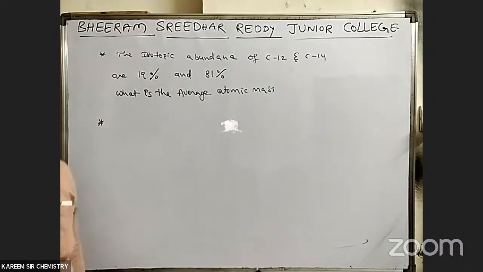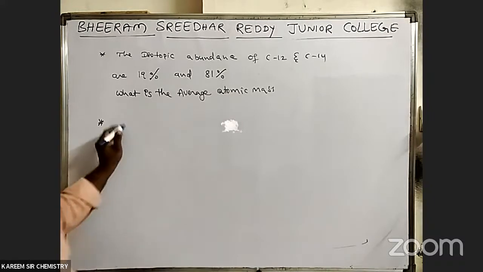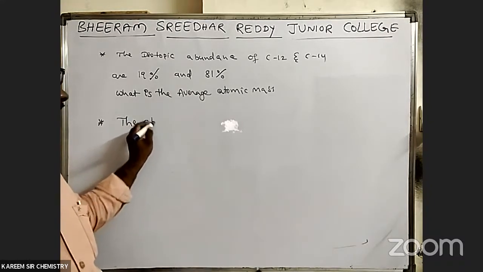One more problem, write down. The abundance of three isotopes of oxygen.